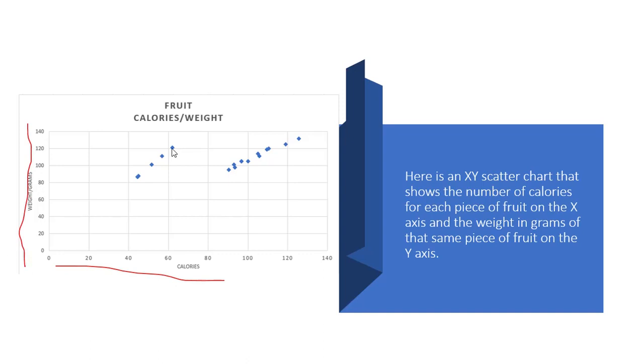Notice that we can't tell exactly which piece of fruit because they're just data points, but we kind of know that these right here are the oranges. And we know that these are the apples and the bananas just because I know their caloric content. So that's going to be important for us when we look to make a split.